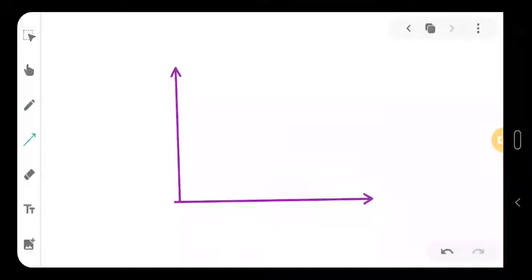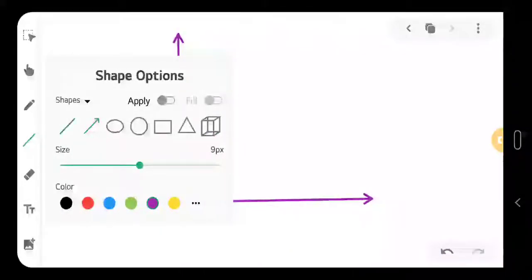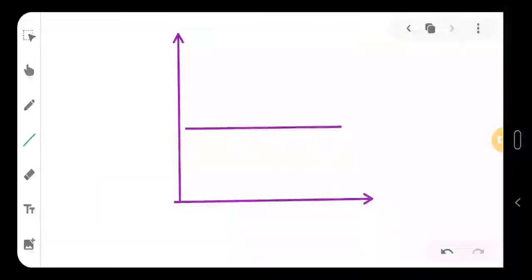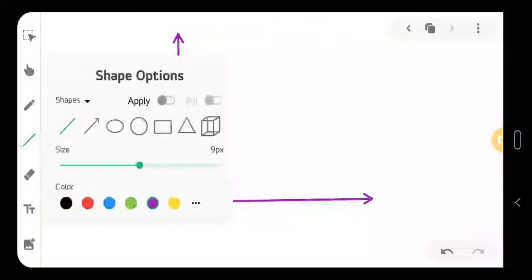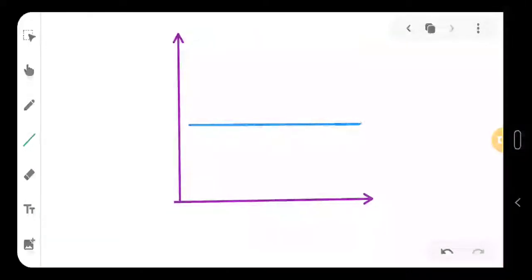Okay, let's say we have a graph like this. So if I draw a straight line like this, okay, let me use a different color. Okay, let me draw a straight line like this. What does it mean? So if this is y and this is x, you can see that in all of this situation, let's say I take any point on this line, the value of x will increase.